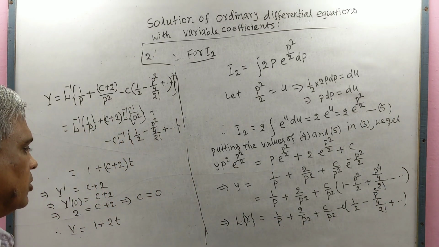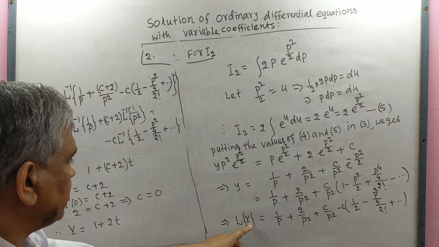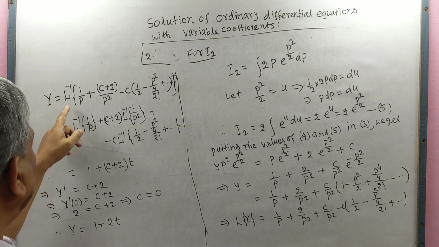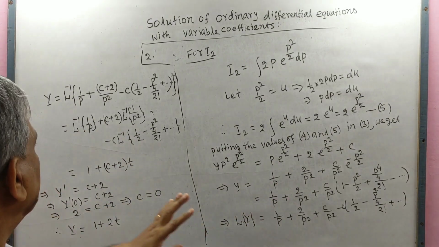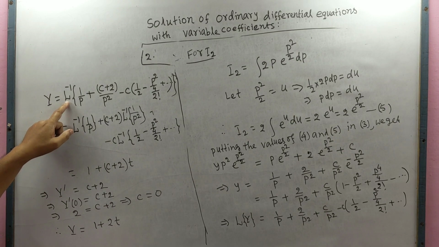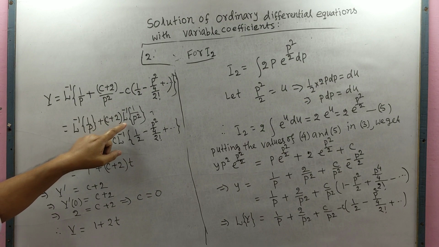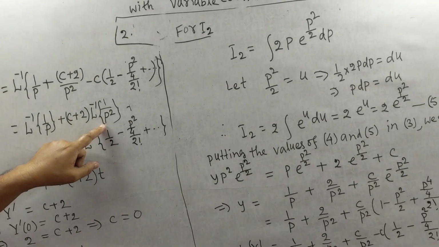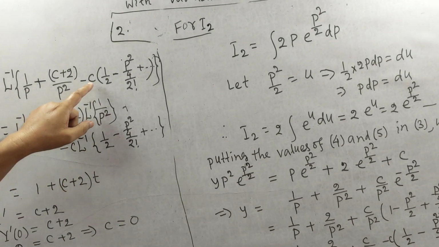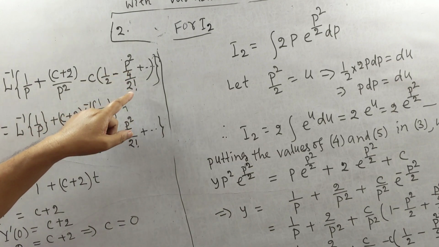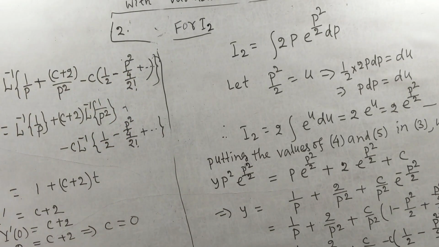Taking L inverse, y equal to L inverse of right side. So we get L inverse 1 by p, c plus 2 into L inverse 1 by p square minus c L inverse half minus p square by 4 plus factorial 2.